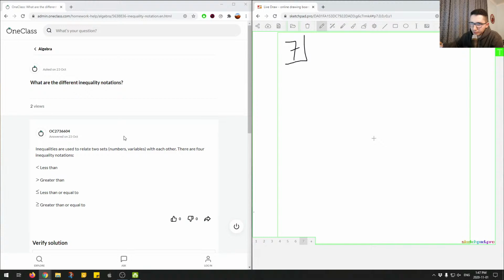Inequalities are used to relate two sets of numbers, or variables, with each other, which is what the junior tutor is describing. There are 4, and they give the 4 notations. So let's go through these notations.